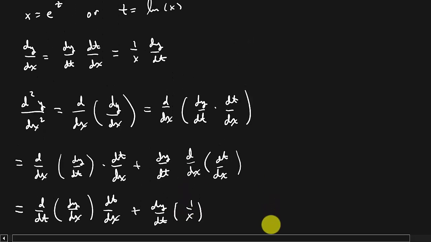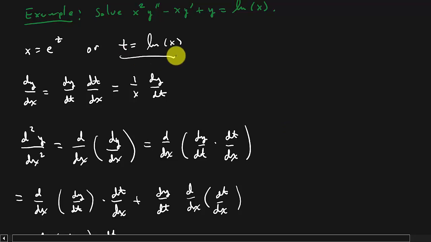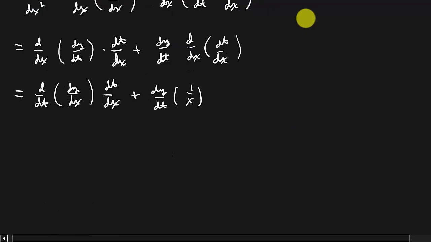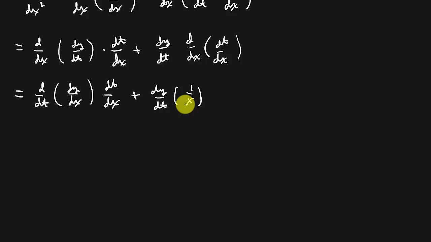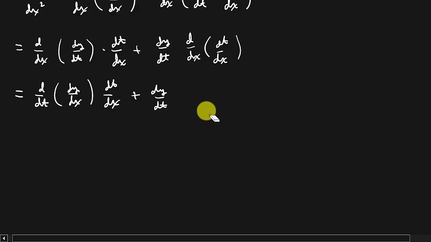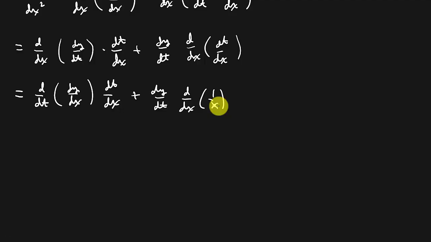If I take the derivative of t with respect to x, I get 1 over x there. It gets confusing with all these d's and x's and t's in there.